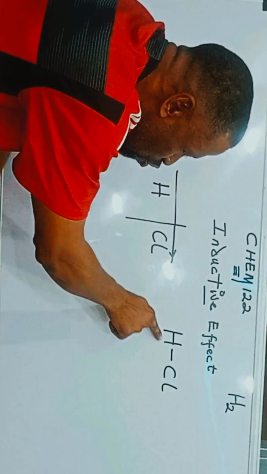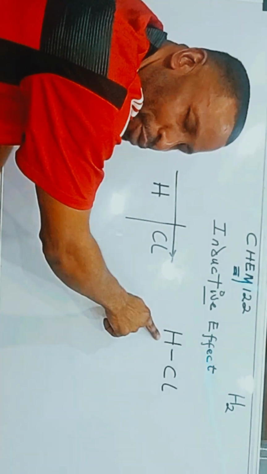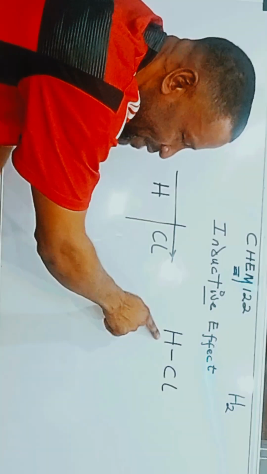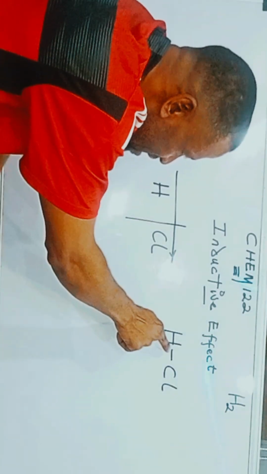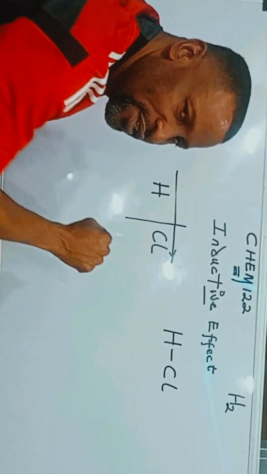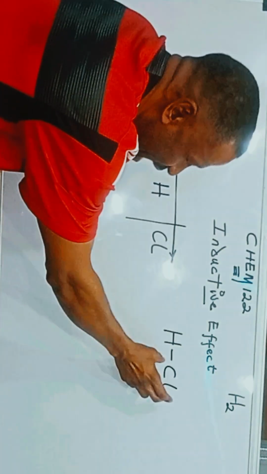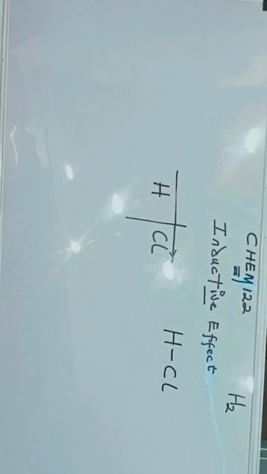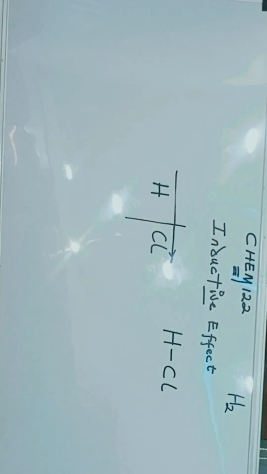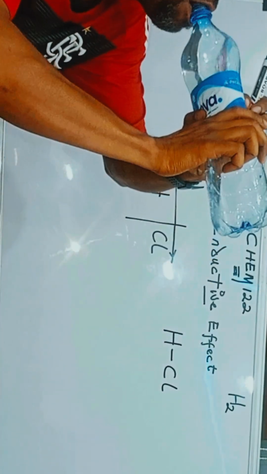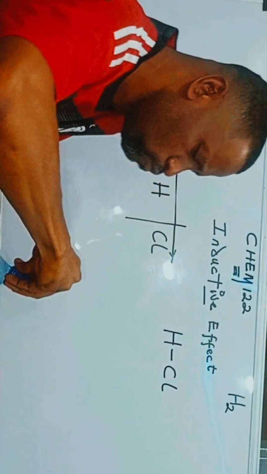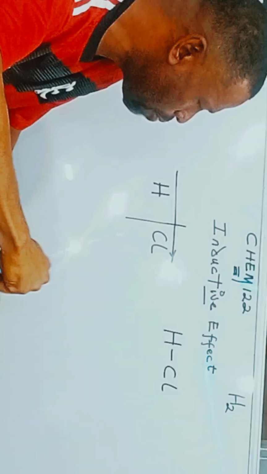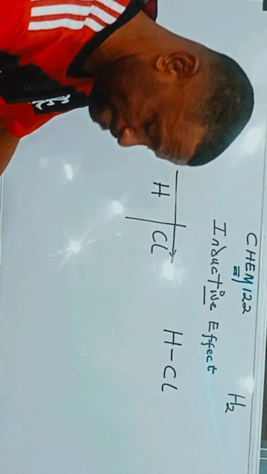So when somebody who is poorly electronegative, with a small power to attract electrons, is sharing electrons with somebody who is highly electronegative, what do you expect? Hydrogen is poorly electronegative. But chlorine is highly electronegative.